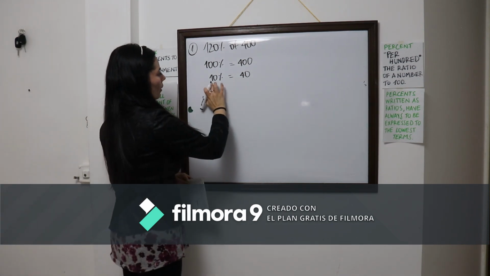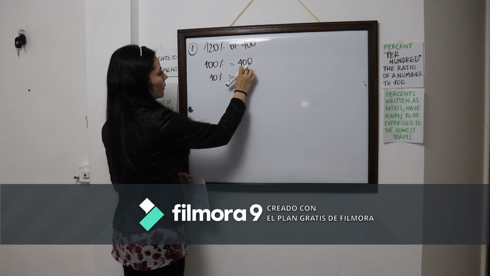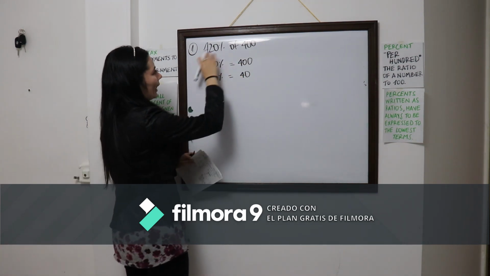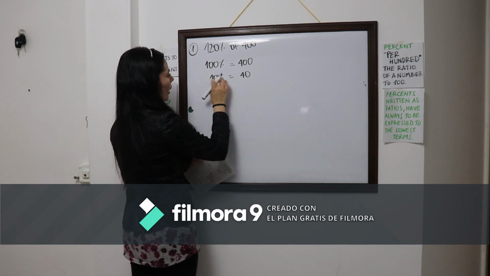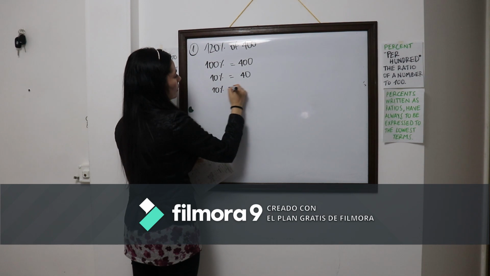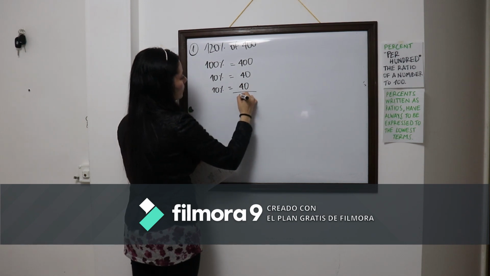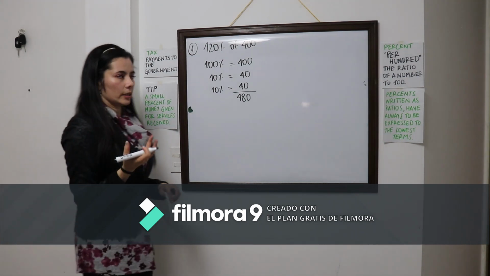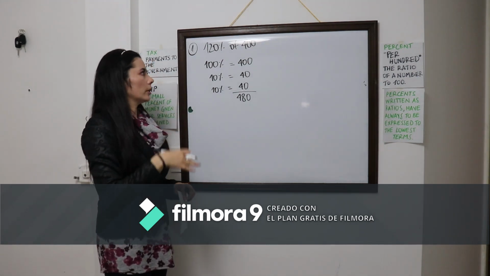Well, because it's just a matter of dividing 400 by 10, so I get 40, right? And then I need 120%, so I need 100% and I need another 10%, so that is another 40. And that gets me 480. That is actually my way to estimate, right? To actually do the mental math.